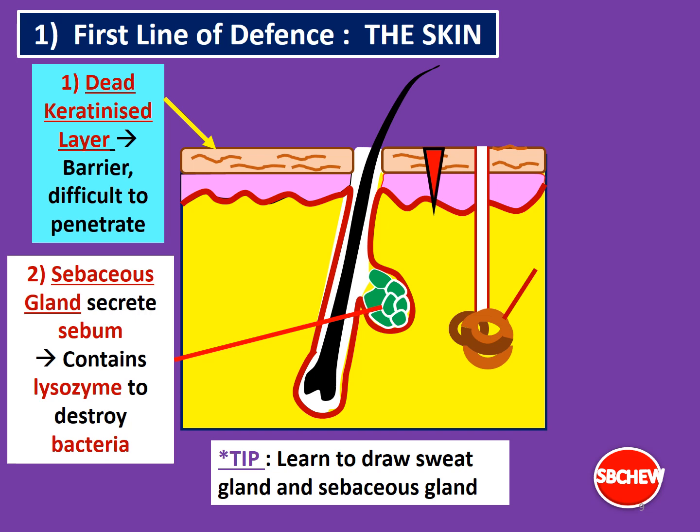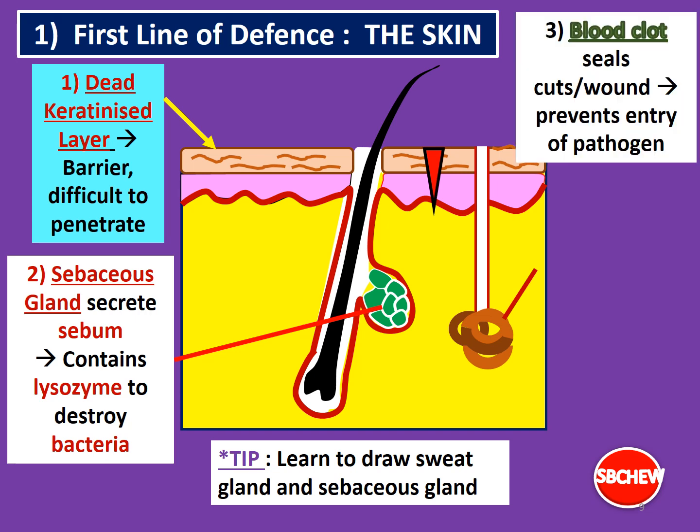The first function of the sebum is that it contains lysosome to destroy bacteria. Secondly, the sebum is acidic and causes the skin to have a pH of 5.5, which inhibits the growth of bacteria. Thirdly, blood clot seals cuts or wounds and prevents entry of bacteria.